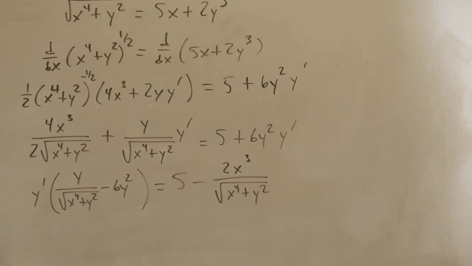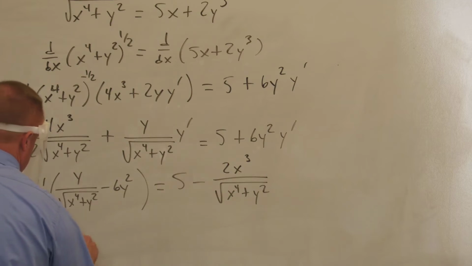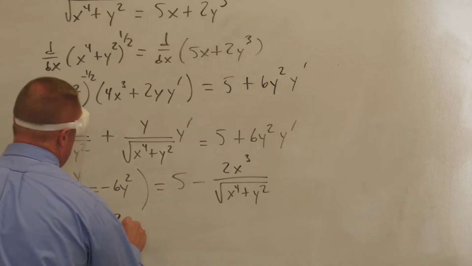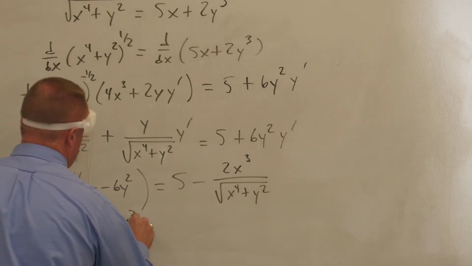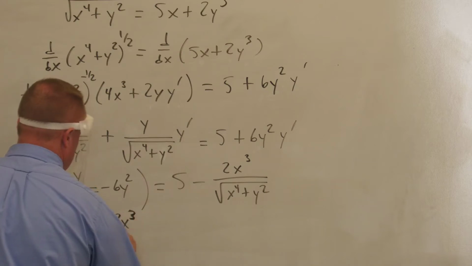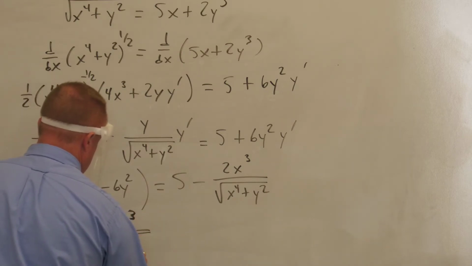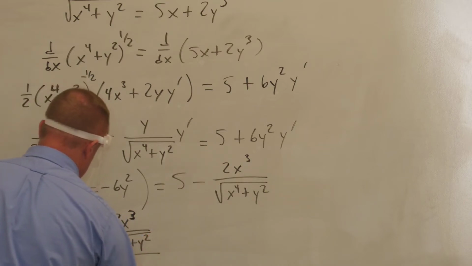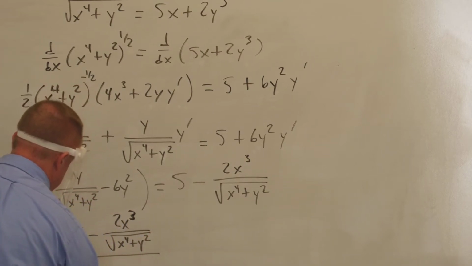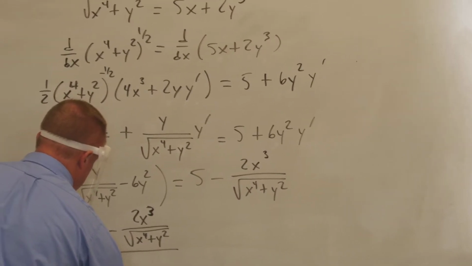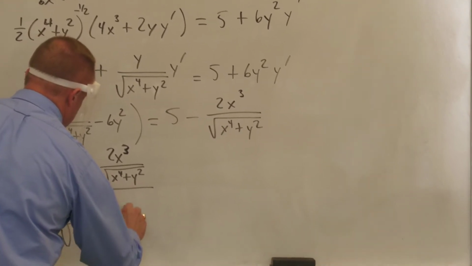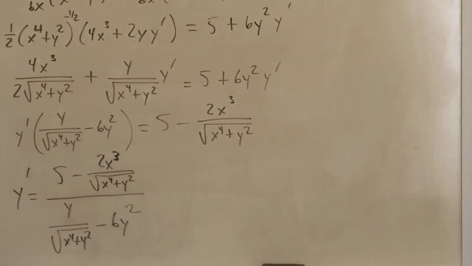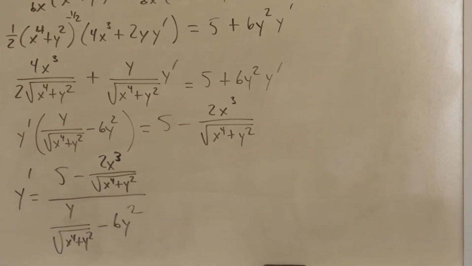Now I would divide both sides by this. It's multiplied by y prime, and I get this. All right.